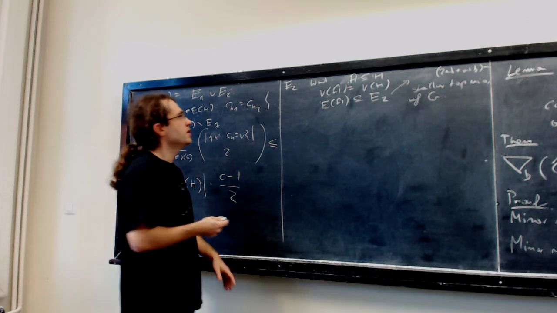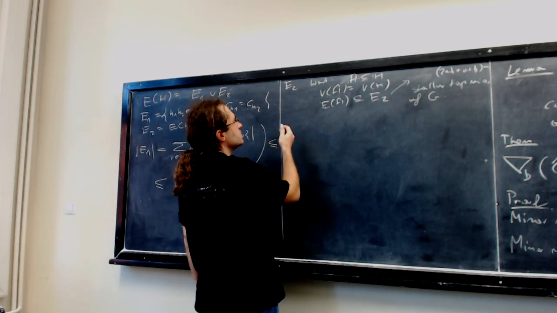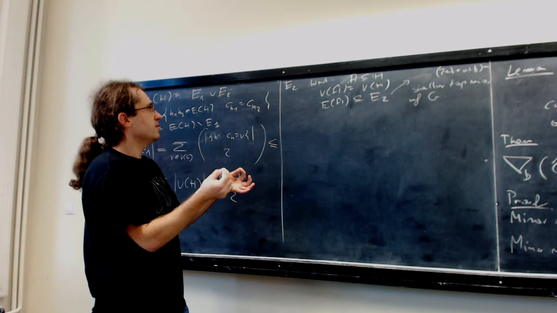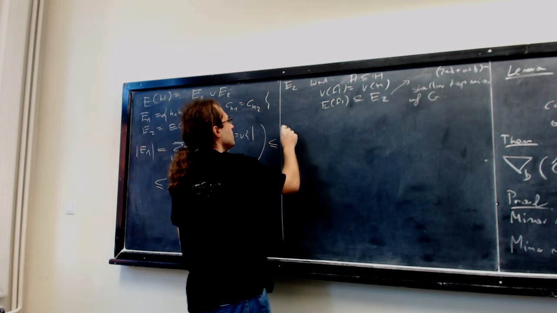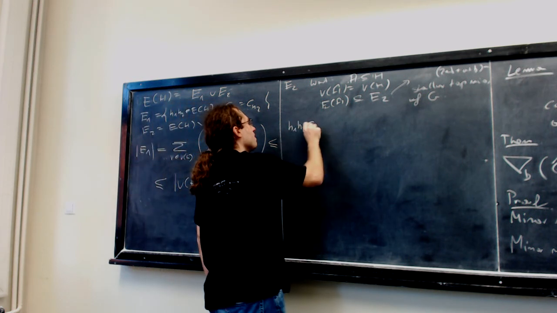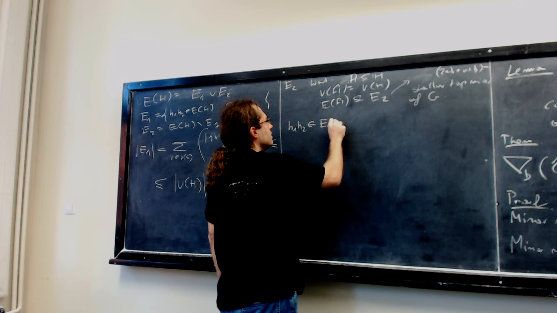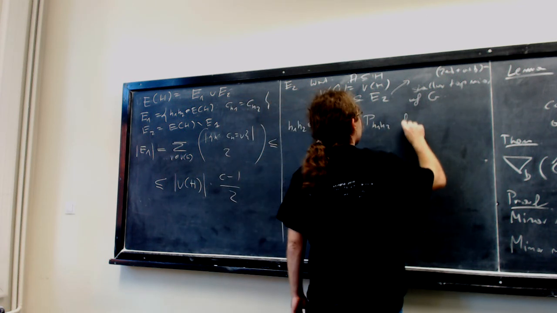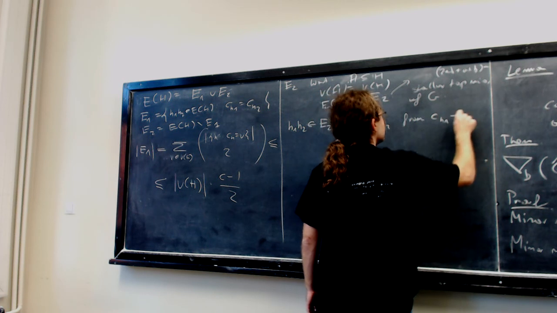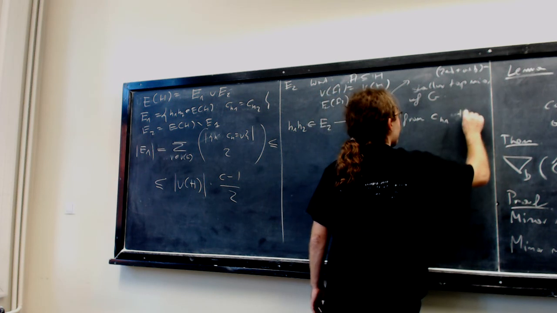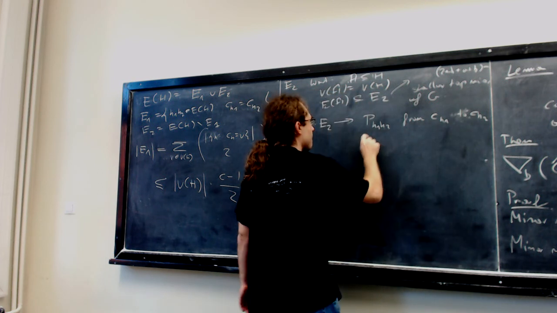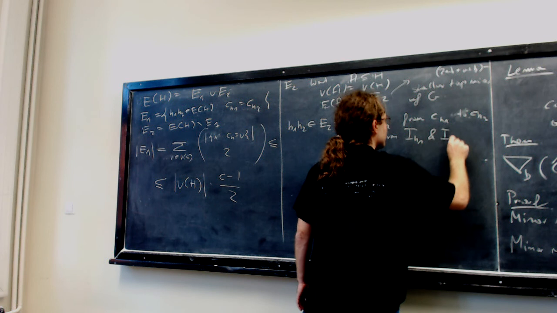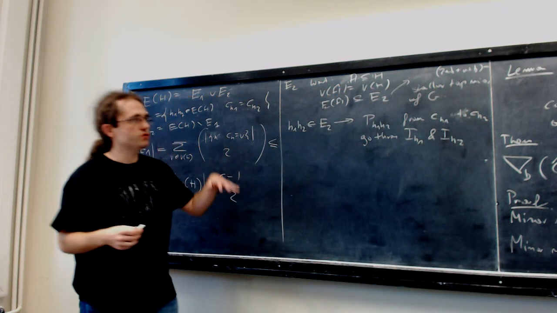Let us do it. These edges connect two vertices with different centers. So for every pair H1, H2 in E, we get the path from C(H1) to C(H2) that goes through I(H1) and I(H2). So this is the union of these branches.